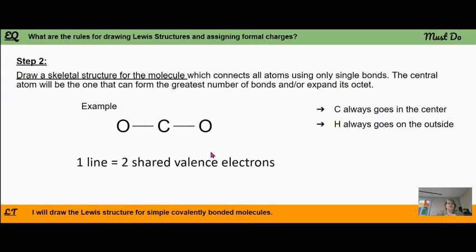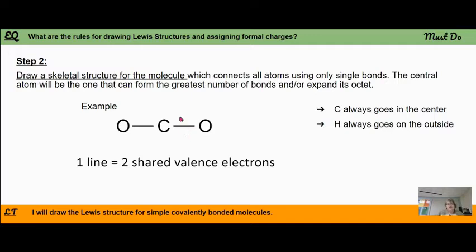Okay? Then we're just going to draw a skeletal structure for the molecule. Basically, what we're going to do is draw out the symbols for each of the atoms, and draw single bonds, right? Single bonds are just one straight line in between.